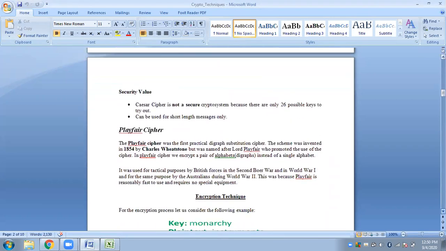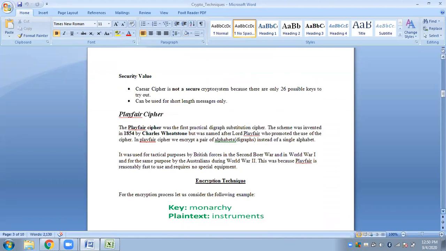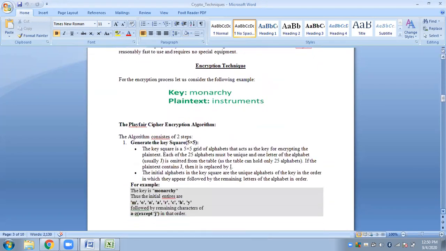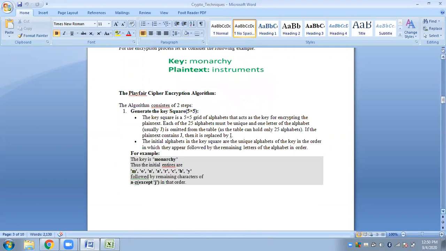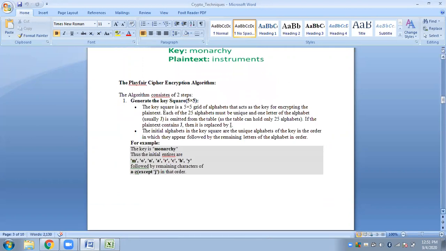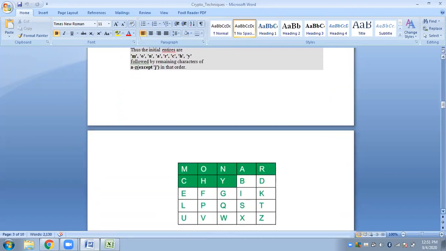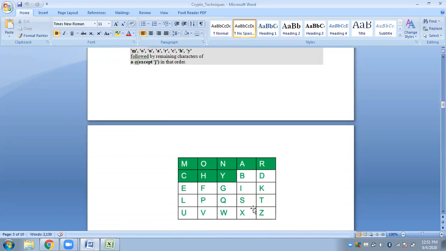Then we discussed the Playfair cipher. In Playfair cipher, we considered a 5 by 5 matrix. We placed the key first, and the leftover cells were filled up by the remaining alphabets from A to Z in a way that no alphabet is repeated. I hope you all remember this.